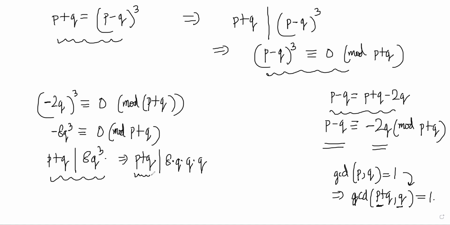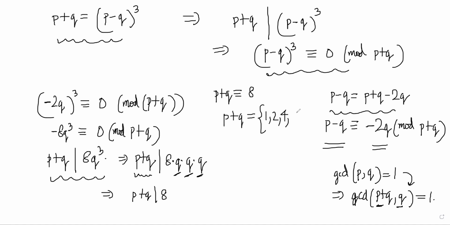So that means P plus Q cannot divide Q, and there are three Qs here. So it implies that P plus Q must divide 8, right? So if P plus Q divides 8, P plus Q could be one of the divisors of 8, which is 1, 2, 4, and 8. And since P and Q are both primes, you cannot have P plus Q equal to 1.